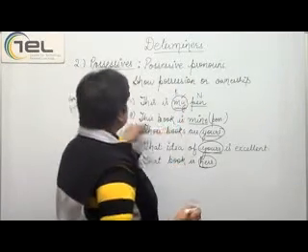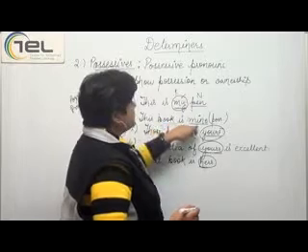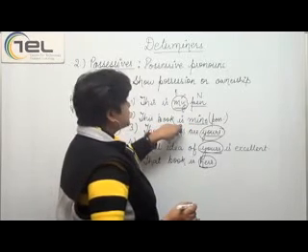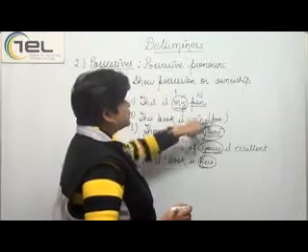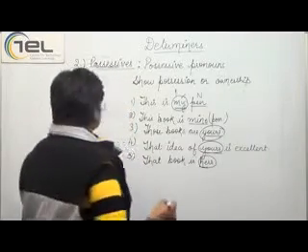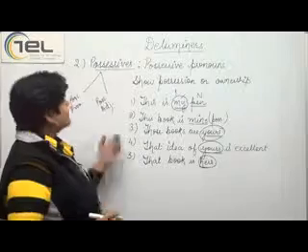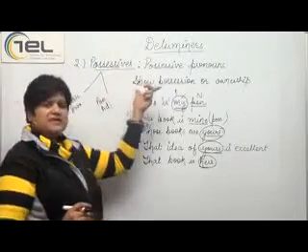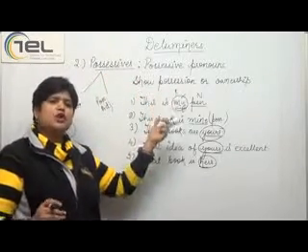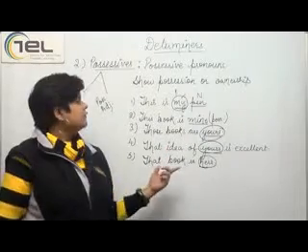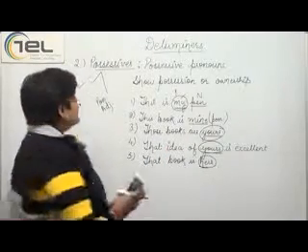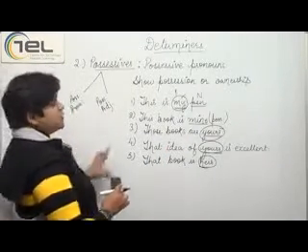But when I say this book is mine, here I am using mine after is. This would be used as a possessive pronoun, right? So that hardly matters because we call them possessives. Any word that shows possession of a person or a thing, we call it a possessive, right? Now with that we finish off with possessives.